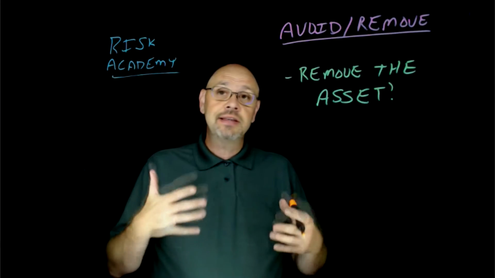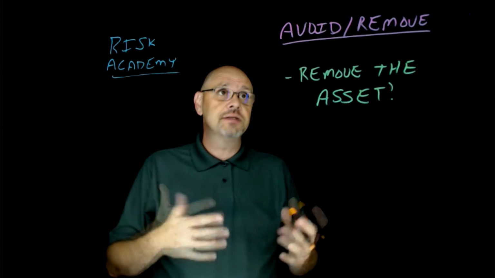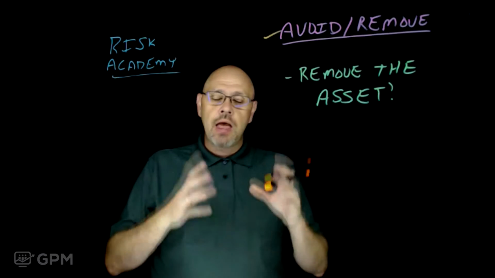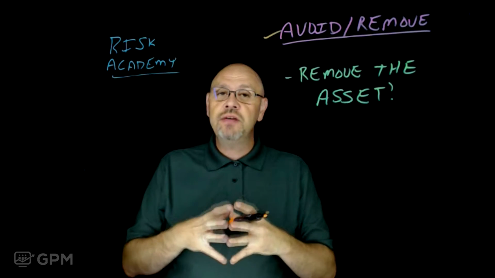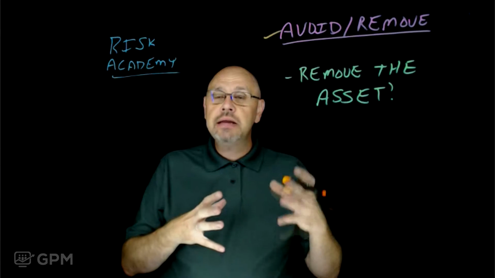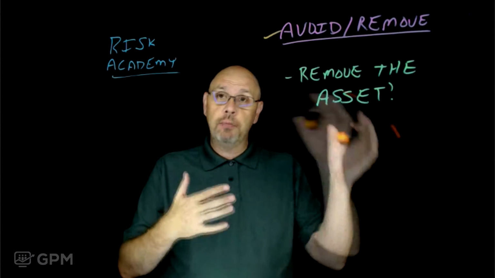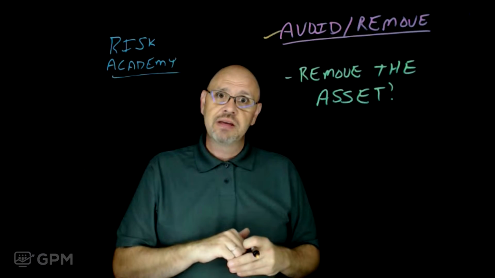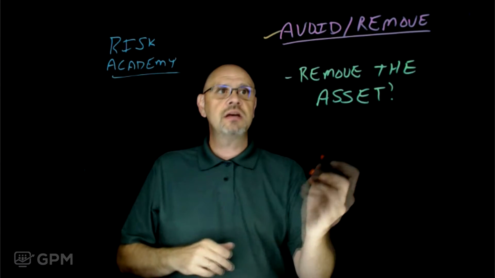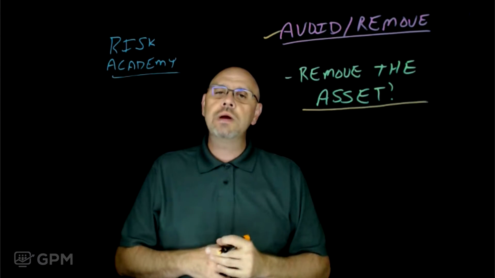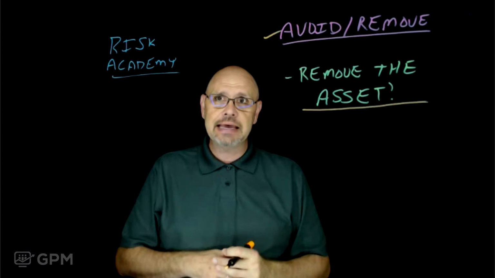Okay, let's look at the next in our list of options. You can avoid or remove the risk. When I say avoid or remove it, that doesn't mean you spend money to do things or put something in place or replace it with something else. That's mitigation. We're talking about you literally remove the asset. You get rid of it completely.